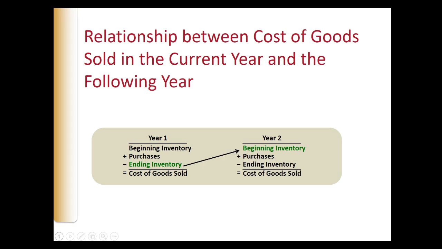To understand the effects of a current year inventory error on financial statements in the following year, remember that the amount of ending inventory this year is the amount of beginning inventory next year.